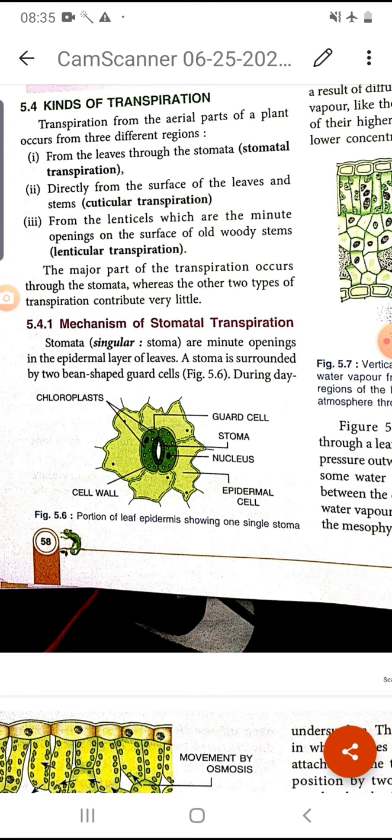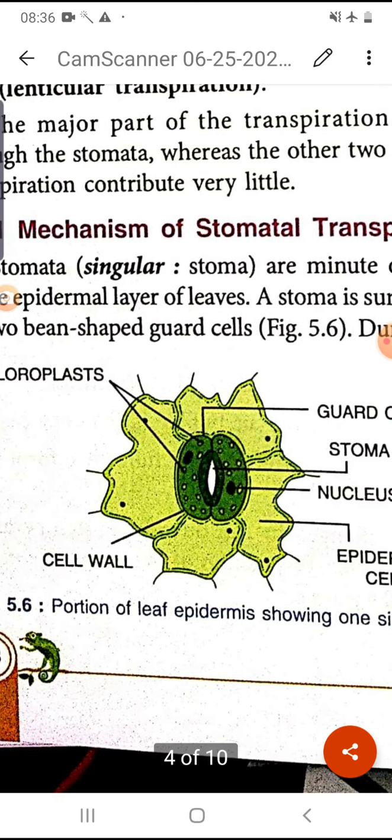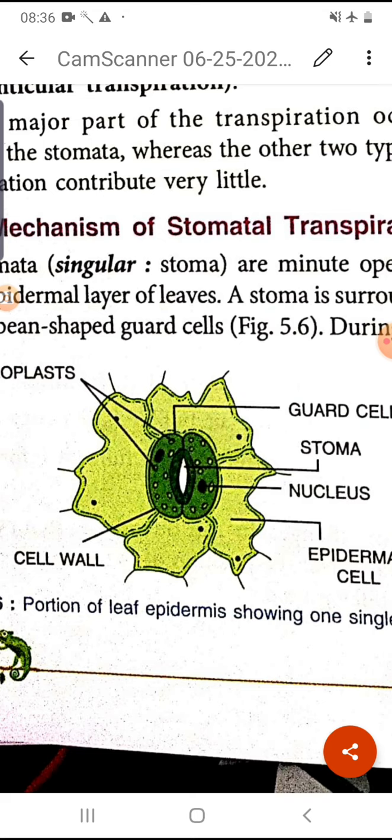So this opening is the stoma, and this bean-shaped structure is the guard cell. Inside the guard cell there are the cell wall, chloroplast and nucleus. And the light green portion is the epidermal cells of the leaves.